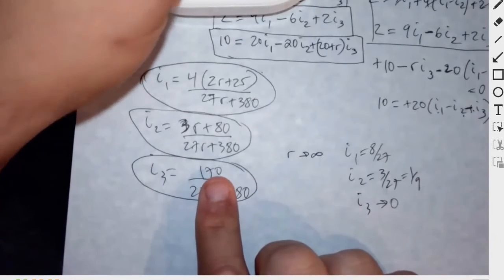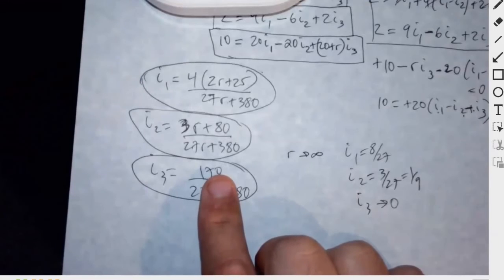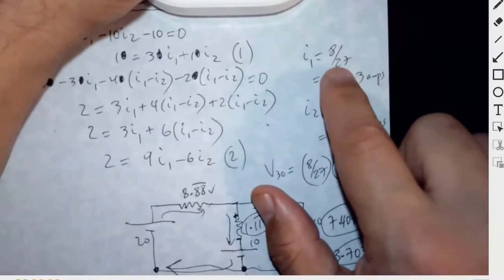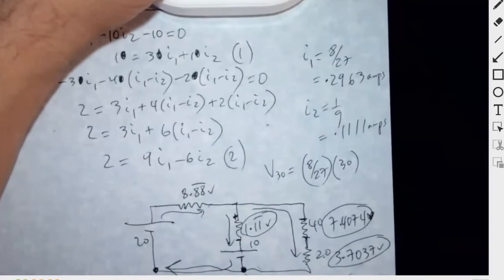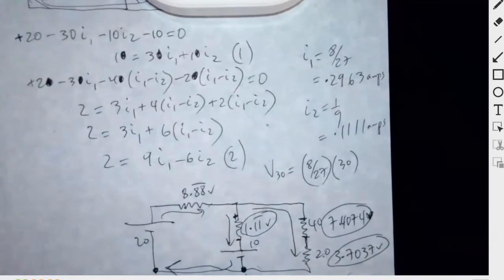I believe so. Let me see here. Where was that? Is it on the back side? Yeah. Aha! I1 is 8 over 27, I2 is 1 over 9. You see that? So not being connected is equivalent to an infinite resistance.